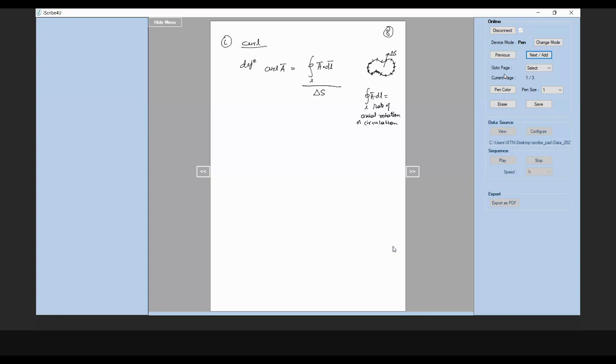Now, axial circulation means what? The axis of circulation or rotation will be normal to the plane in which the rotation takes place, in either direction, clockwise or anti-clockwise. So in a squeezed manner, if you want to compute this net rate of circulation, then naturally the limit of delta S should tend to 0.